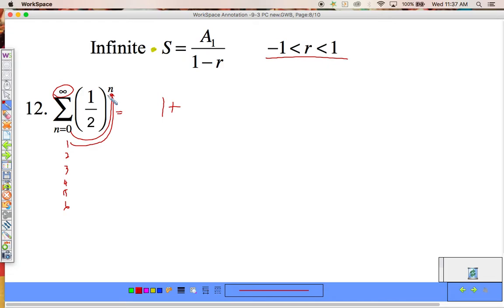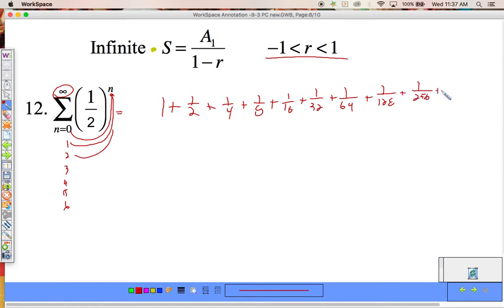So 1/2 to the first is 1/2. 1/2 to the second is 1/4. And if I keep going, I'm just going to keep writing a bunch of them. I get this.